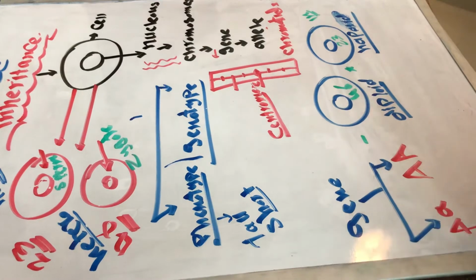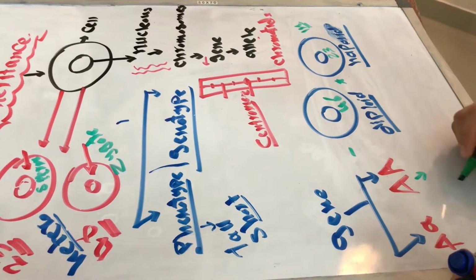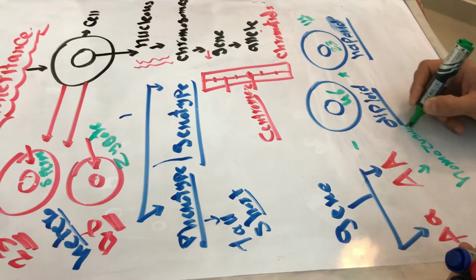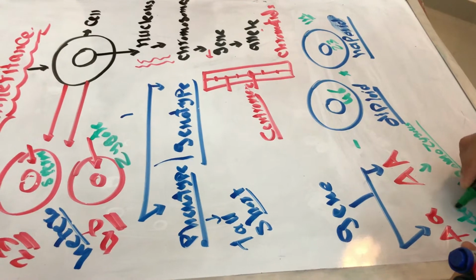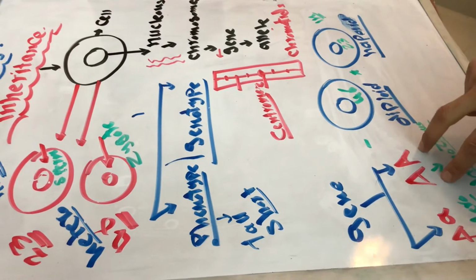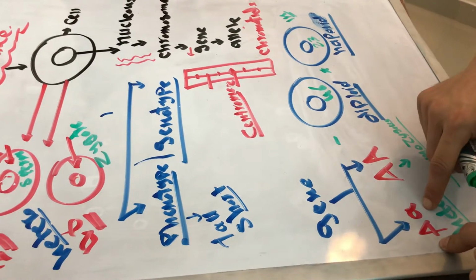To distinguish between two alleles, this is called homozygous, and this is heterozygous. That means having identical alleles of one particular gene, AA, and this has different alleles for the gene.